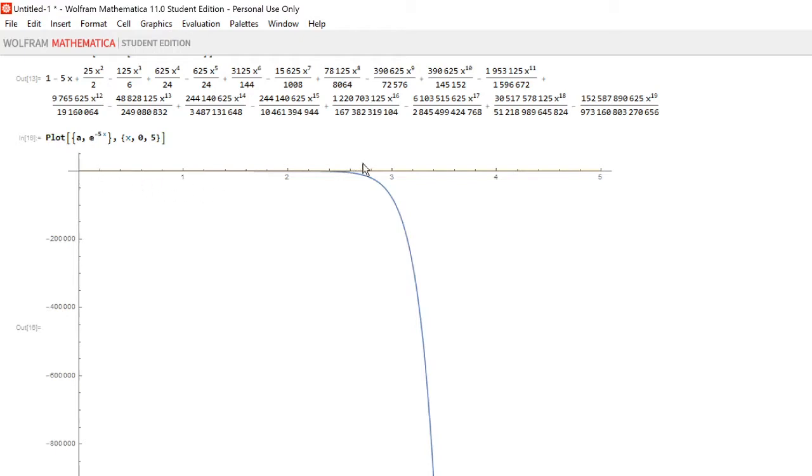the exponential is riding the axis. But by the time we get to 3 for the approximation, the blue curve is nowhere near the axis. And I say nowhere near because look at this scale. This number is negative 200,000 out here.